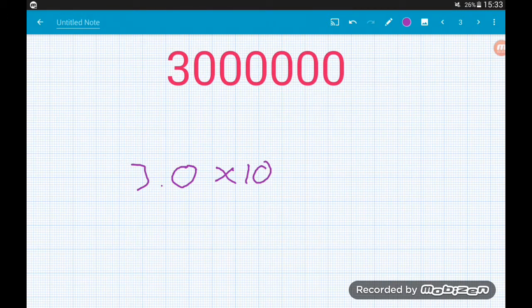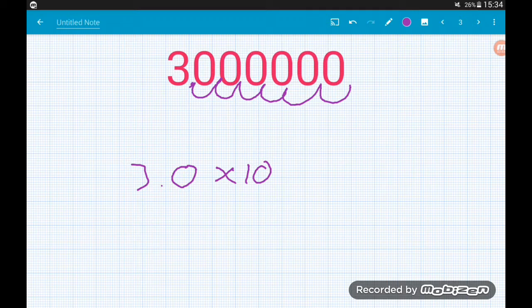Well, let's put the decimal point from our 3.0 into our 3 million, so it's between the 3 and the first 0. Then what we do is count how many places that decimal has to jump to get to the end of our big number. So it's going to go 1, 2, 3, 4, 5, 6.